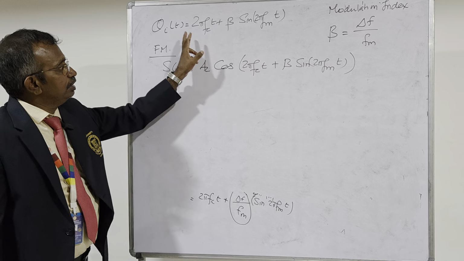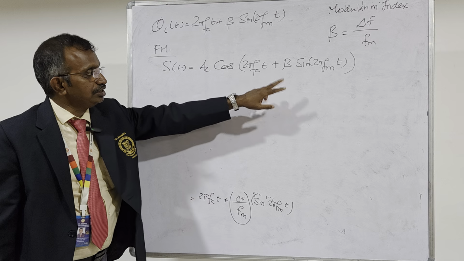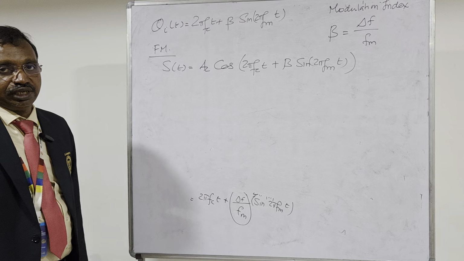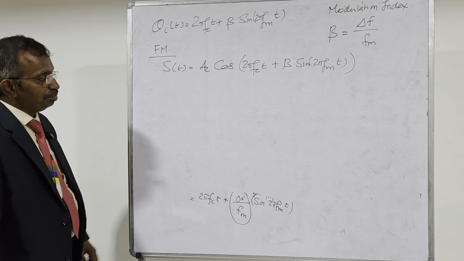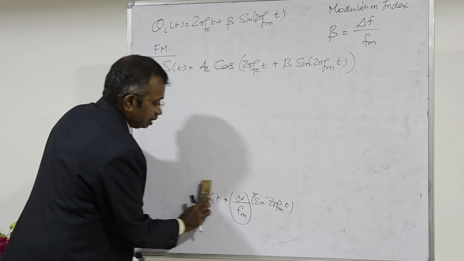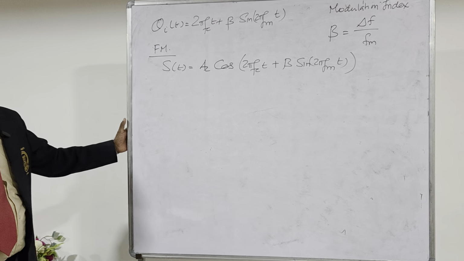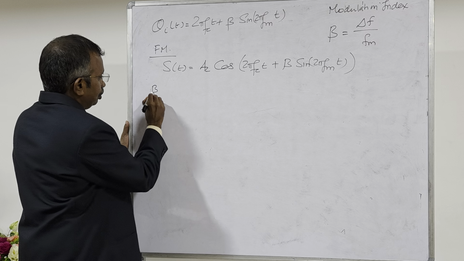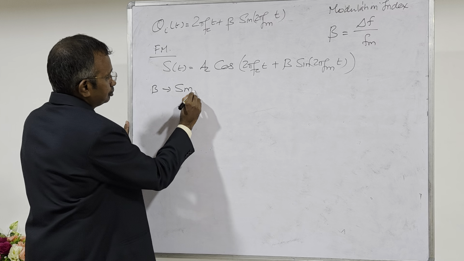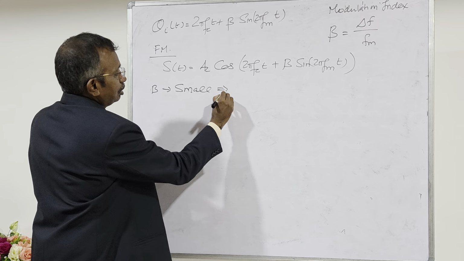Then theta I of t is replaced by 2 pi fc into t plus beta sin 2 pi fm into t. Now depending upon the values of beta, you can classify FM into two types. When beta is small, this is called narrowband FM signal.